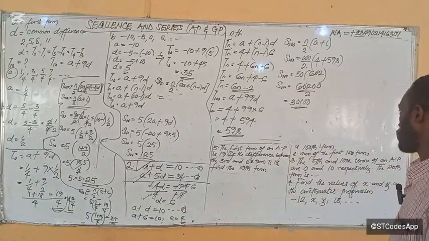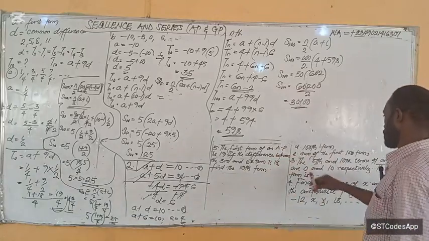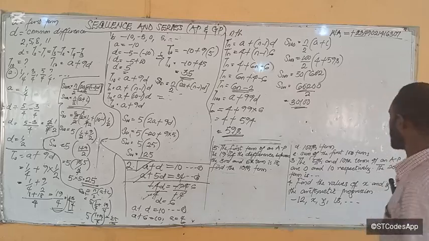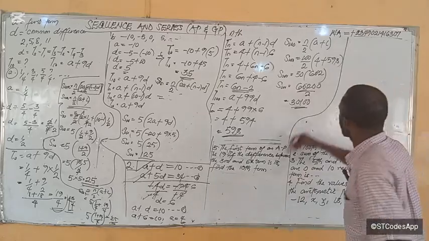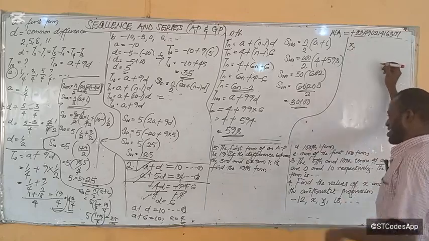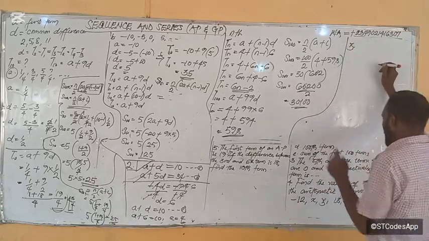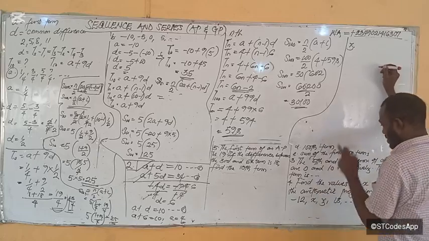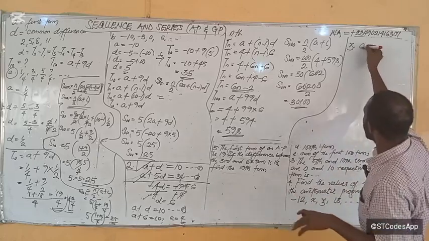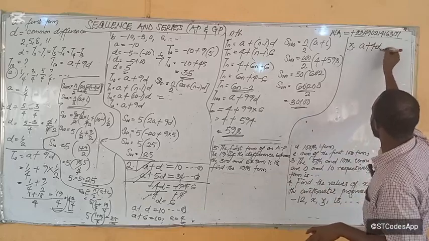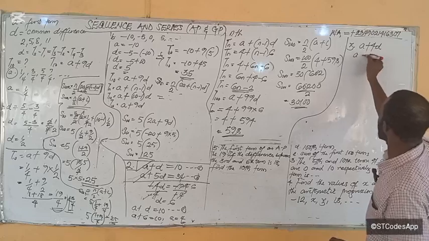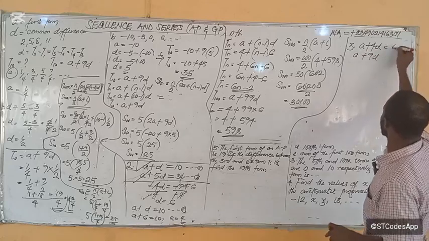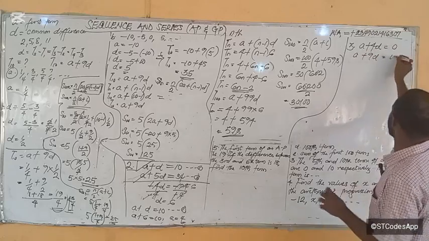So now let's go to number 3. Number 3 says, the 5th term and 10th terms are 0 and 10. I just go 5th term a plus 4d, 10th term a plus 9d are 0 and 10.